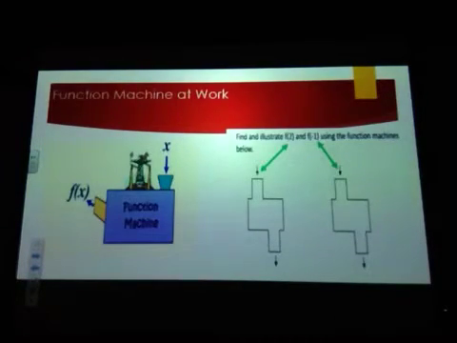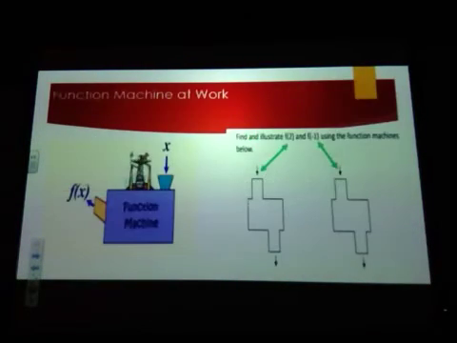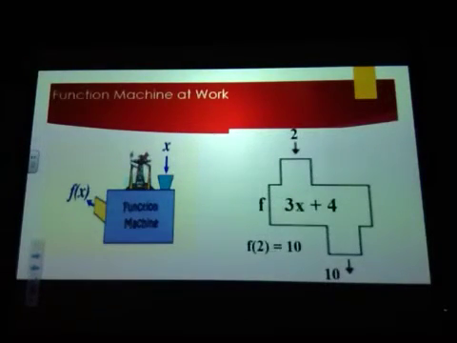All right, here's your function machine. And you have two functions on the front of your paper that looks like this. And here's the illustrated. If x is 2 and x is negative 1. Here's your function machine, and we're using that equation that we had right here. So, there it is.